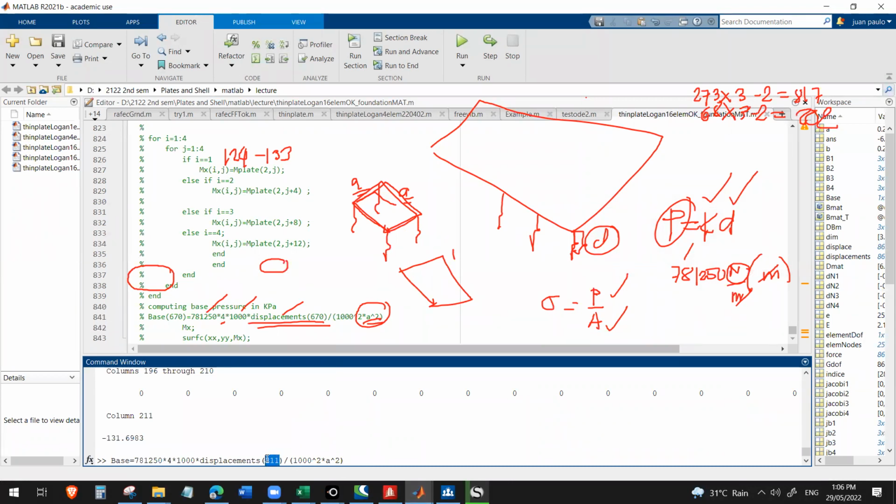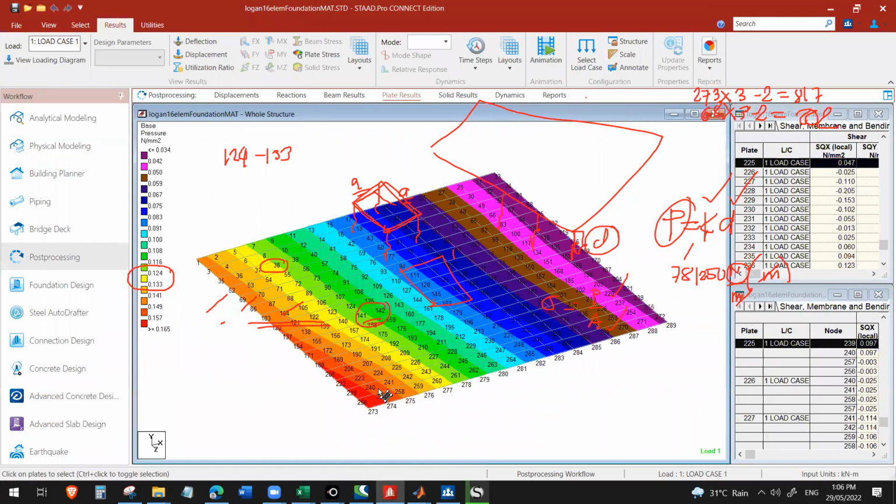Node 240. So what DOF is that? 718. DOF 718. That gives 153 kilopascal. If you look at the contour, it's about 150 kilopascal. So displacement and base pressure, we're okay.